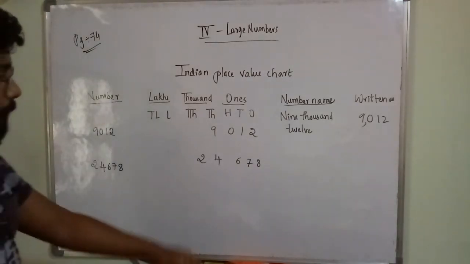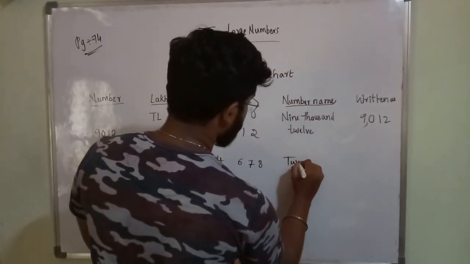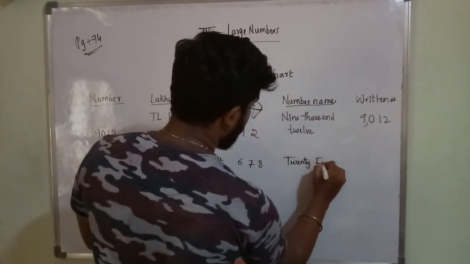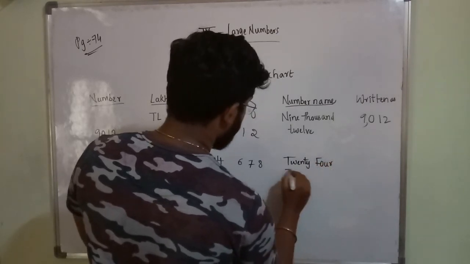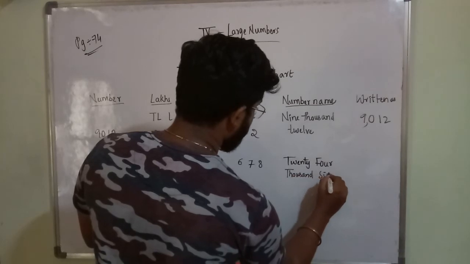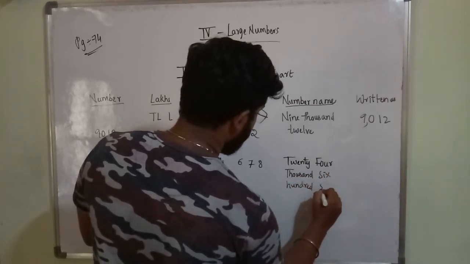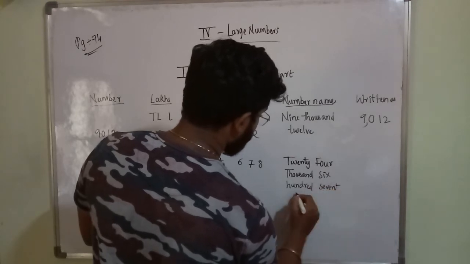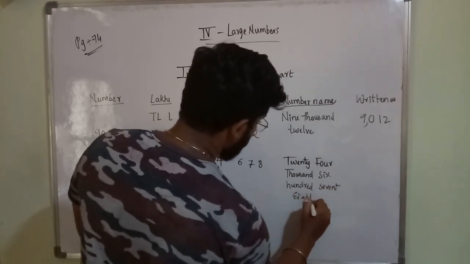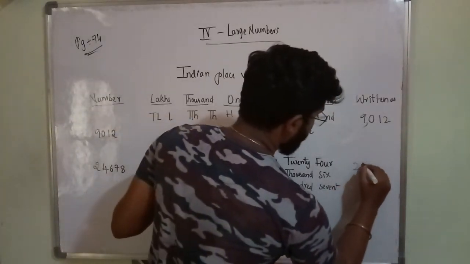So what is the number name? Just a minute. 24,678. 2 4 6 7 8.